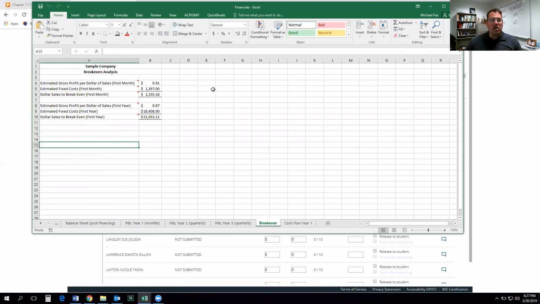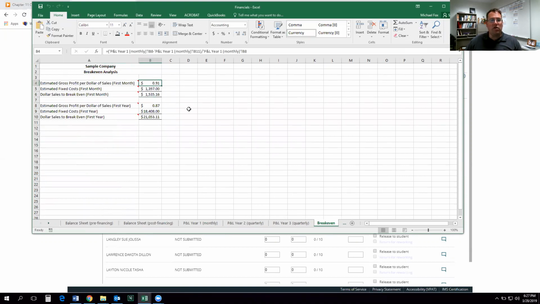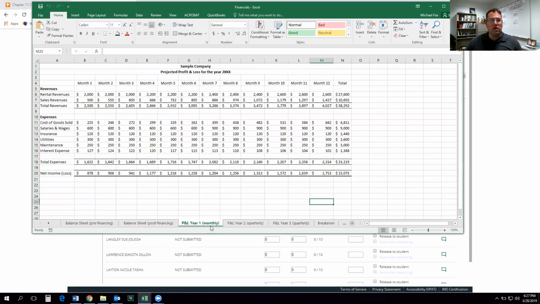And this tab I actually have linked to the previous tabs, which are your balance sheet, so that you can see where the money comes from. In essence, to find your gross profit per dollar of sales, we just go back to your income statement, your P&L.